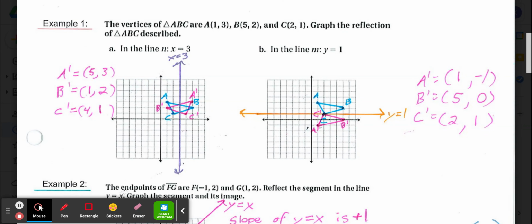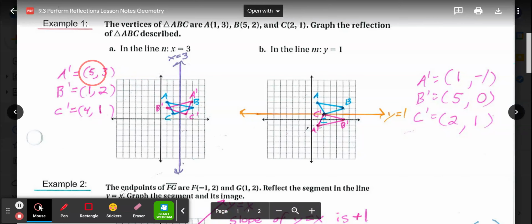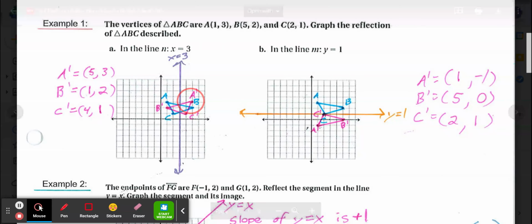Now, what we need to do is figure out our new points. For example, if A is here, and we're reflecting it over x equals 3, point A is 2 spaces left of that line. So point A prime would be 2 spaces right of that line at (5, 3). Point B is right here at (5, 2), that is 2 to the right of the line.